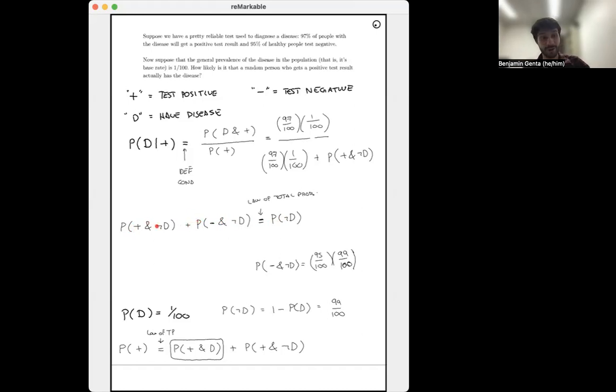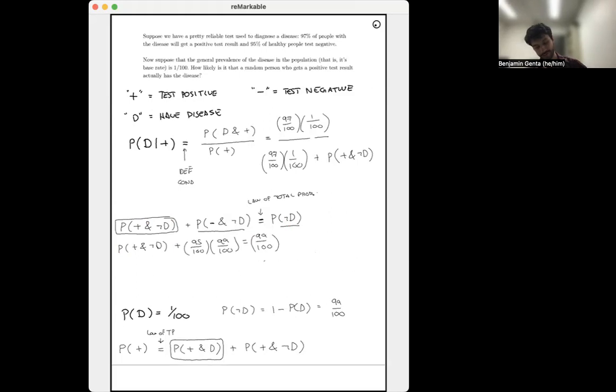And now we can figure out what this is, because this is what we care about, because we know what this is and we know what this is. Namely, we know that the probability of testing positive and not having the disease plus 95 over 100 times 99 over 100 is equal to the probability of not having the disease, which is 99 over 100. Okay, so now I will erase this just to make space.